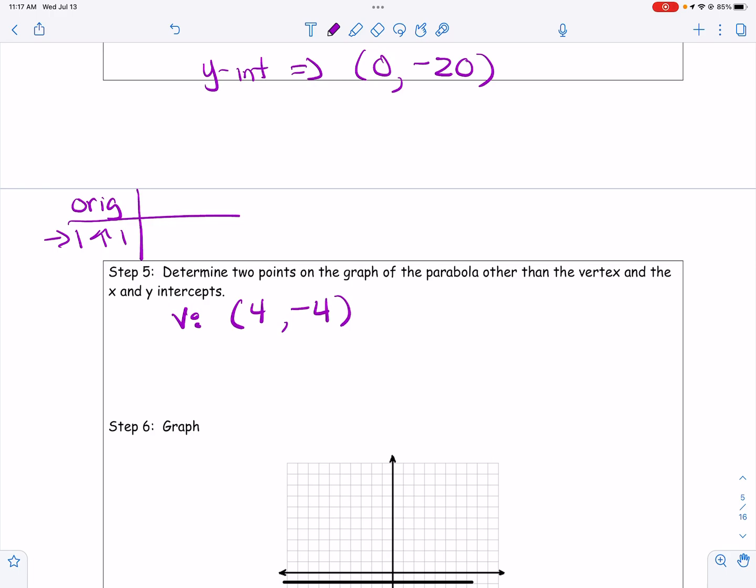But now the new movement is we're going to move right, but since we've got a negative, we have to move down 1, okay?